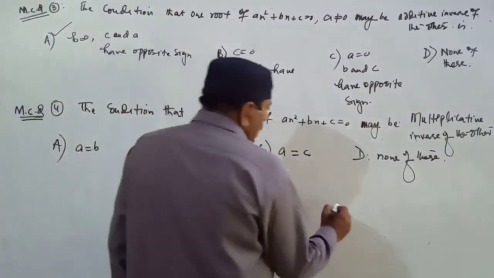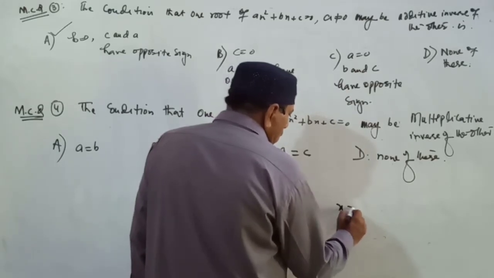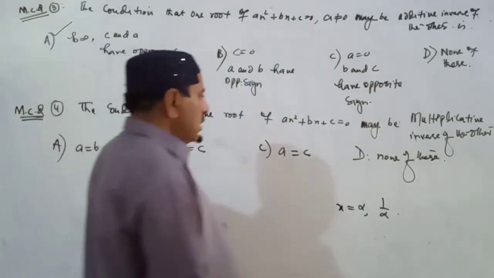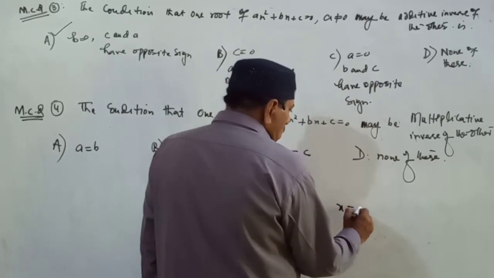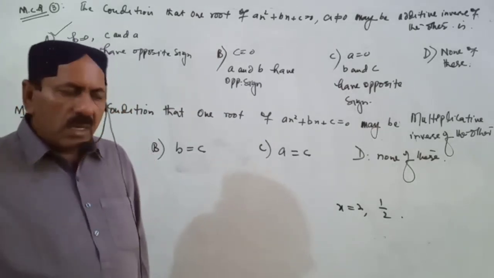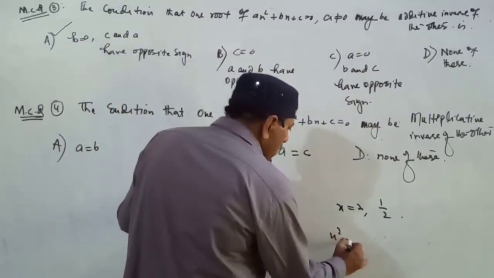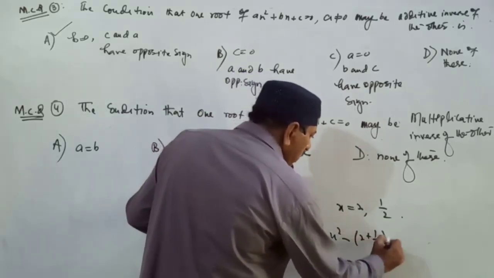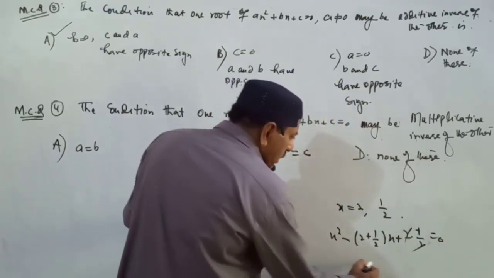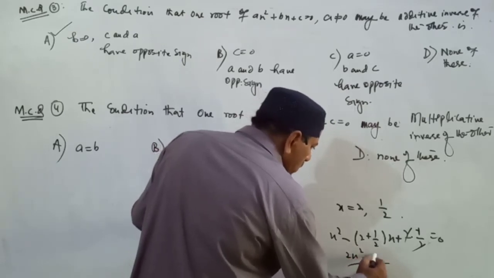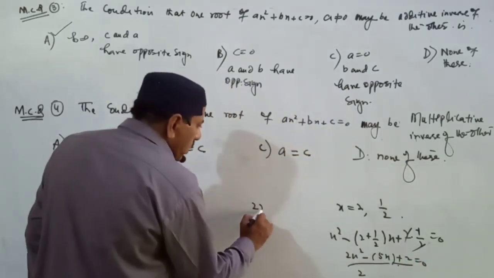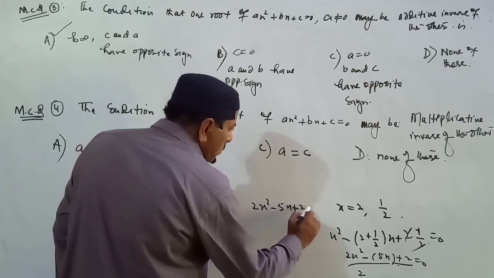Means one root is alpha, the other is 1 upon alpha. So the roots are multiplicative inverses. Means if you take x is equal to 2, then the other is 1 upon 2. These roots are multiplicative inverses to each other. So this will be x square minus sum of the roots, 2 plus 1 upon 2, x plus product of roots, 2 into 1 upon 2, is equal to 0. 2 and 1 upon 2 cancel. 2 is the LCM. 2x square minus 5x plus 2 is equal to 0.